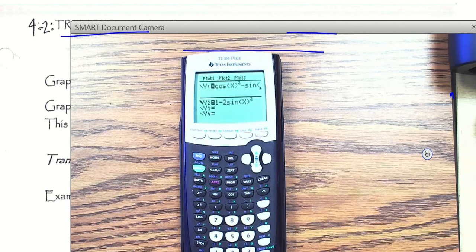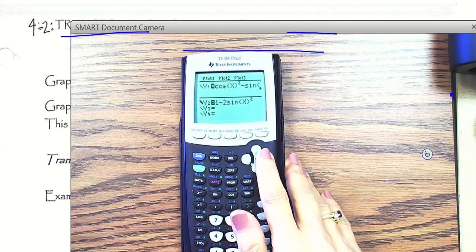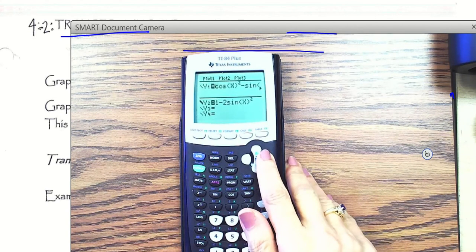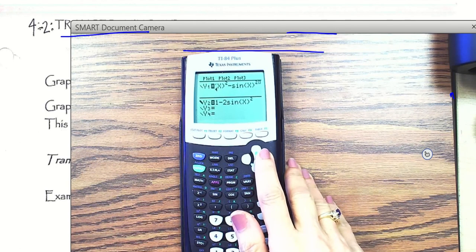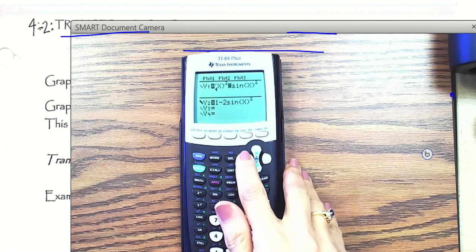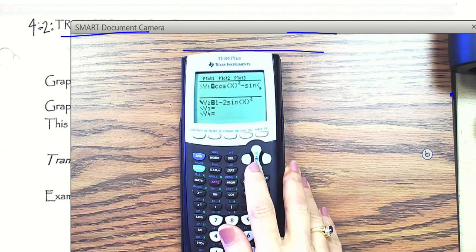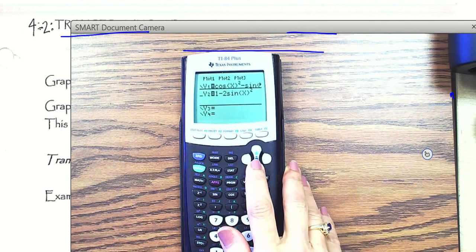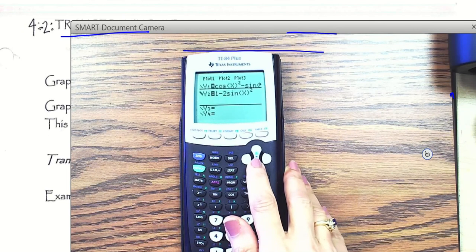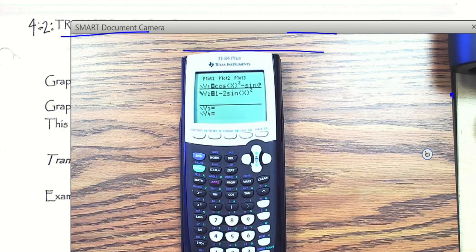So I have the cosine of x, which is squared, that's the same thing as the cosine squared of x, minus the sine of x, again, which is squared. That's my first function. And I have the style of that line as thin. Then I've gone into y2, and I have 1 minus 2 times the sine of x squared, and I have the style of that as thick.